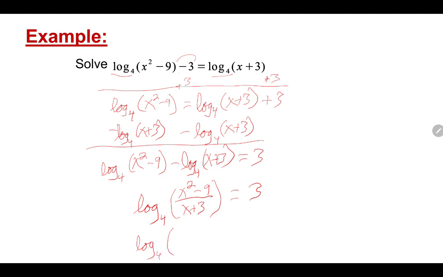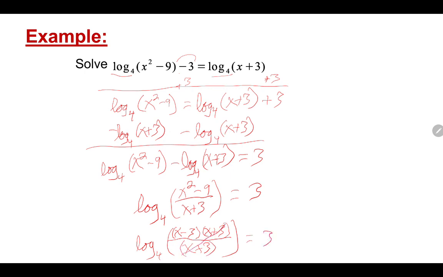My hope is you're remembering this from when we did quadratics. It is x and x, and the only way to get 9 that'll work is 3 and 3. One of them is a plus, and one of them is a subtraction. And then this is x plus 3. But don't forget the equal 3.